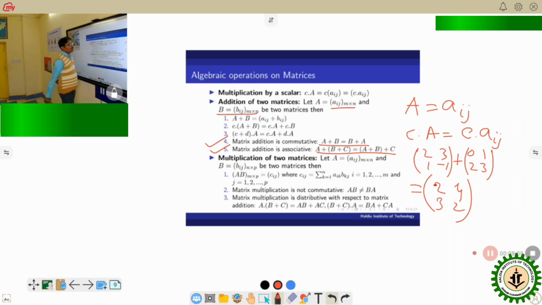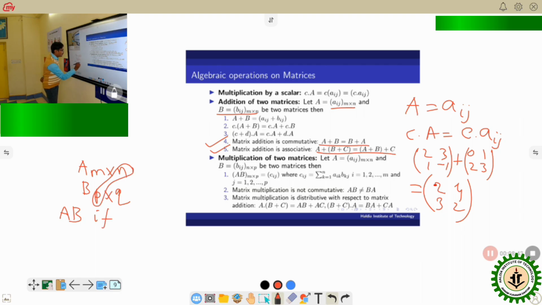And multiplication of any two matrices is not always possible. What is the condition? Suppose A is a matrix of order m cross n, and B is another matrix of order p cross q, then what is the criteria to define the product AB? It is possible only if these two are equal.